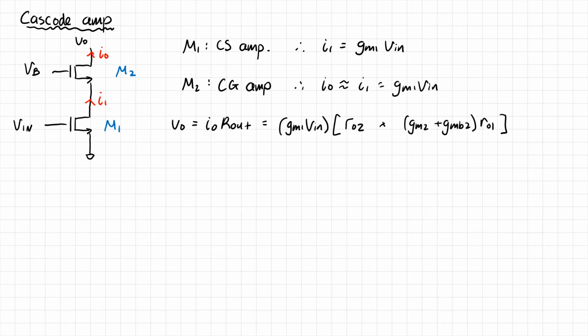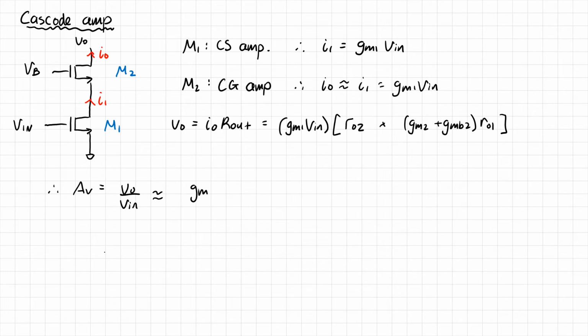Okay, so what we can say then is that the gain of this circuit, AV, equal to VO over Vin, is approximately equal to this output voltage divided by the input voltage, so we take the input voltage on the other side.